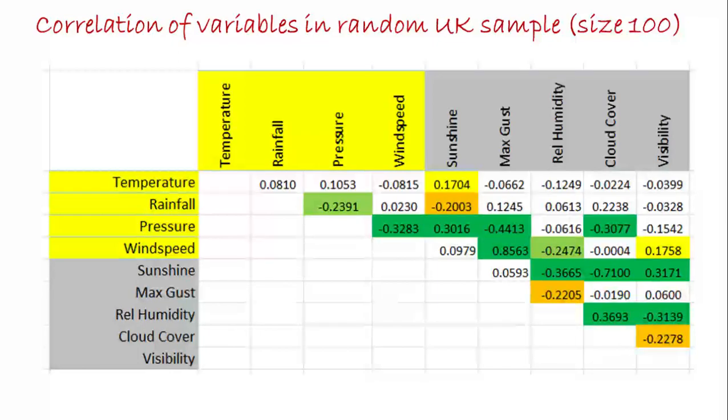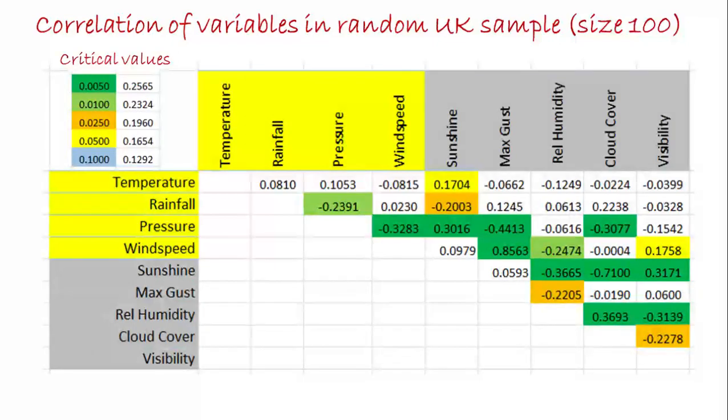So, to give a summary of the variables contained, I'm going to talk through a table which correlates the variables against one another. So here I've taken a random sample of 100 days of data from UK locations, and I've done the correlation of each variable against every other one.